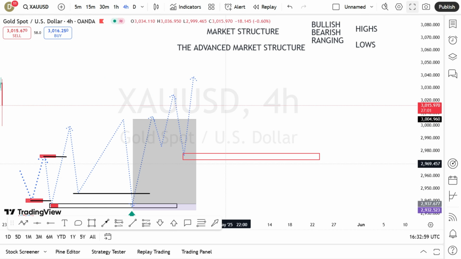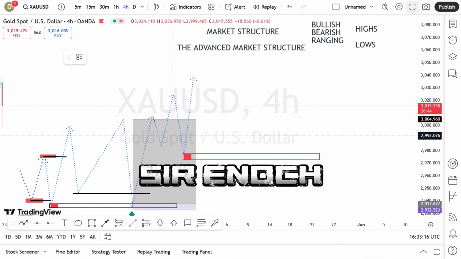Once it has created a zone, it's going to give you an order block. It must be a bearish candle. Alright? So now we have our low taken, and our high taken.